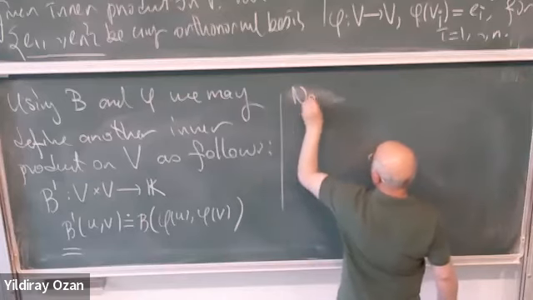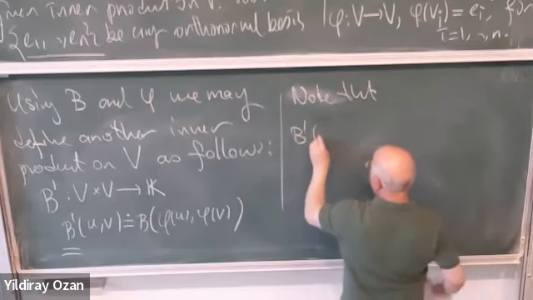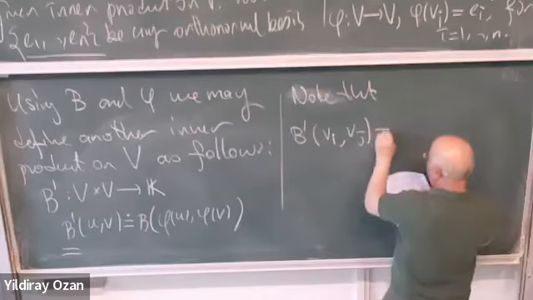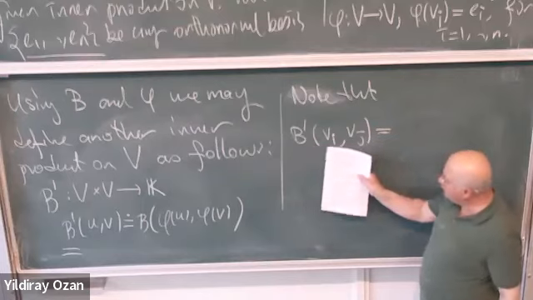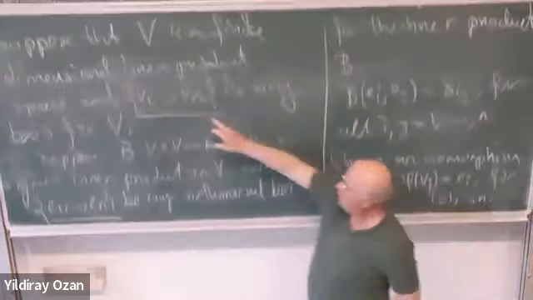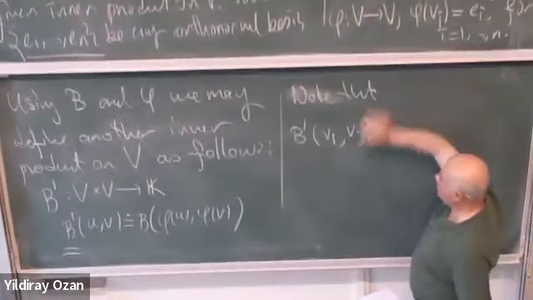Note that. Now, what is this? What is the inner product of these vectors, my given basis, under this new inner product?